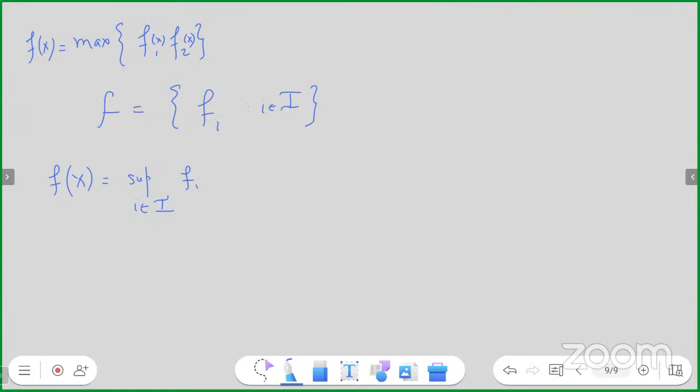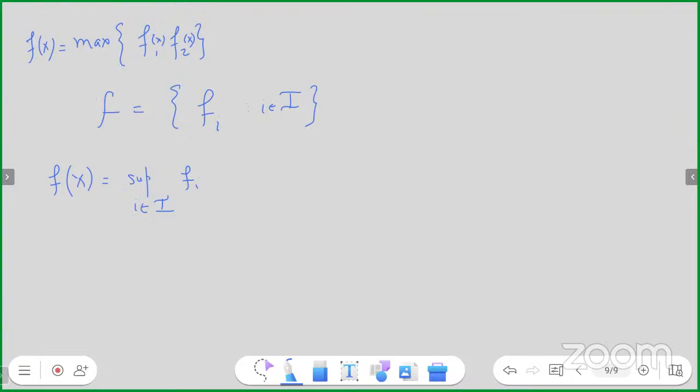It is true, because f is defined to be the max. Okay, so similarly, when I define it over a family indexed with I, what is the epigraph of f? What have I done from max to sup? I've not changed anything in the domain.